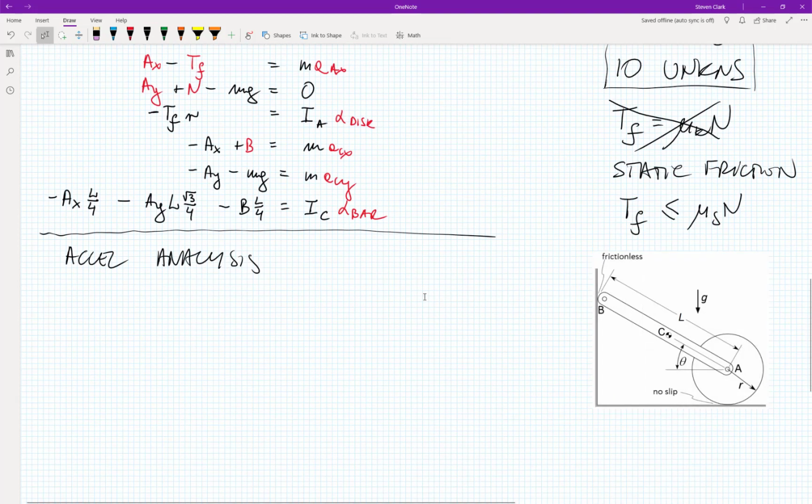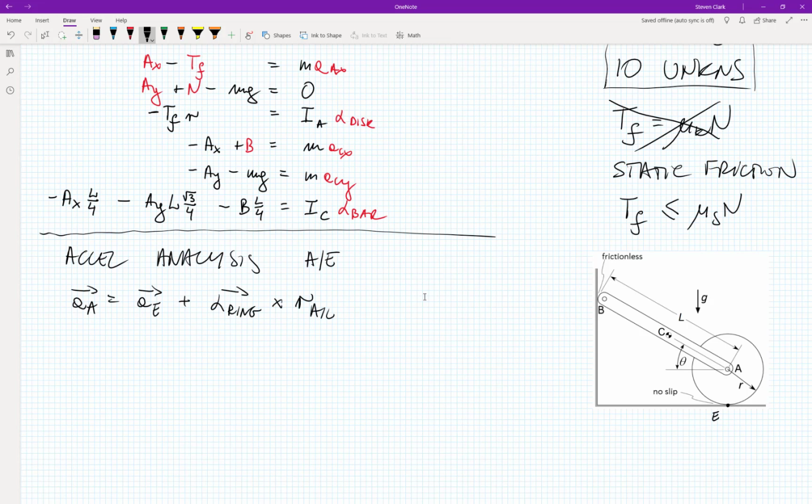So let me do acceleration analysis between these 2 points, point E and point A. Okay, AE. So I can write in here AA is equal to AE plus alpha ring times RAE minus omega ring squared RAE.